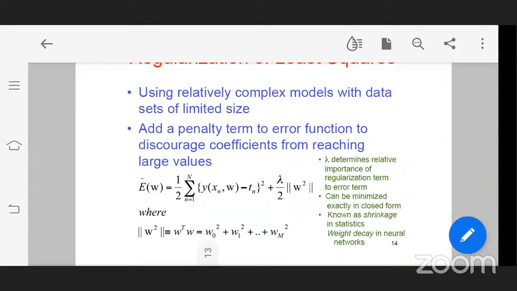But if I say minimize the cost function subject to W transpose W equal to 1, that means I am minimizing the error function subject to the weight vector being small in magnitude. That is what is done over here. That is regularization.